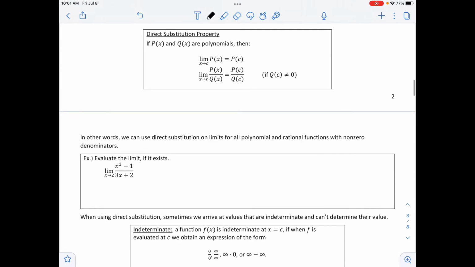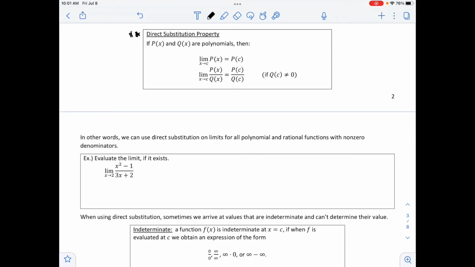The next thing that we have is how to evaluate limits more algebraically. What we're going to use is called the direct substitution property, so very important to know. It says if p of x and q of x are polynomials, then the limit as x approaches c of p of x is equal to p of c. And likewise, the limit as x approaches c of p of x over q of x is equal to p of c over q of c, again, provided that the denominator is not equal to 0.